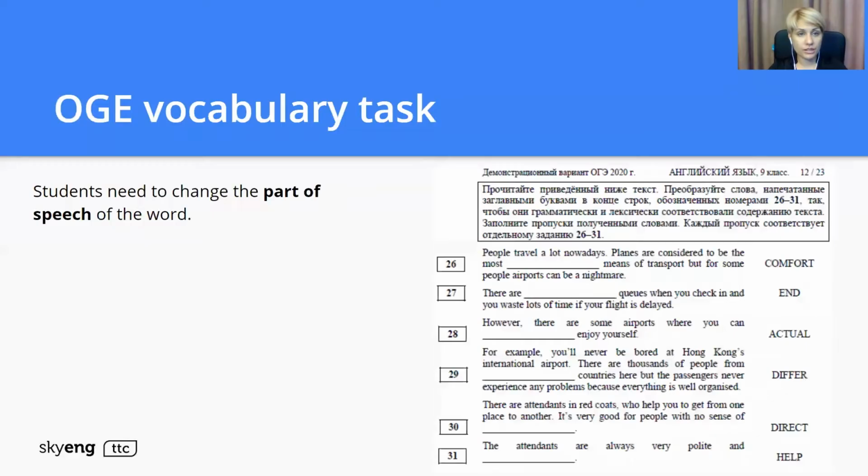Here, we have got a little difference. When we talk about GIA tasks, we should remember that students just change the part of speech of the word, usually, or the form of the word, but not grammatically. Maybe they need to change the meaning of the word to the opposite.